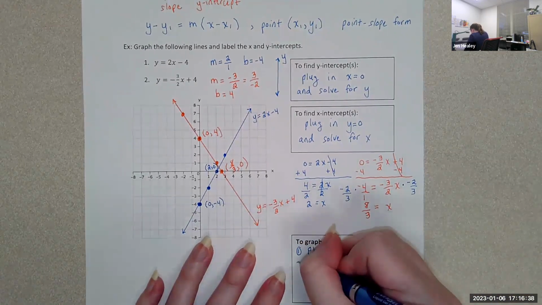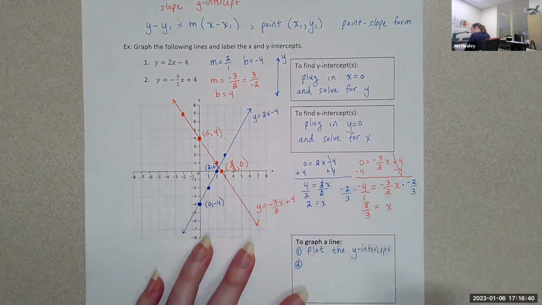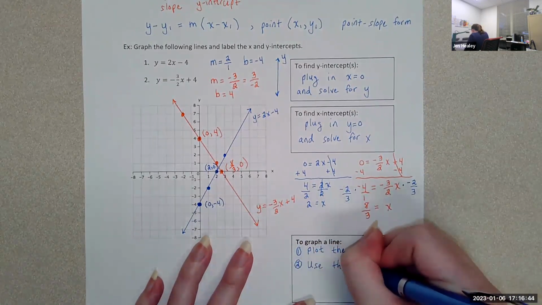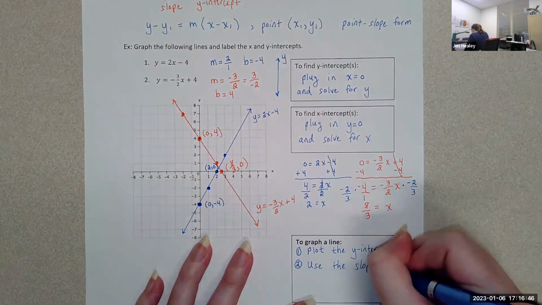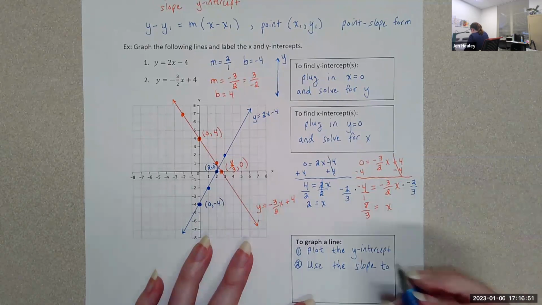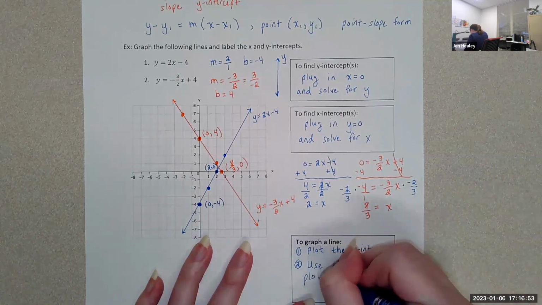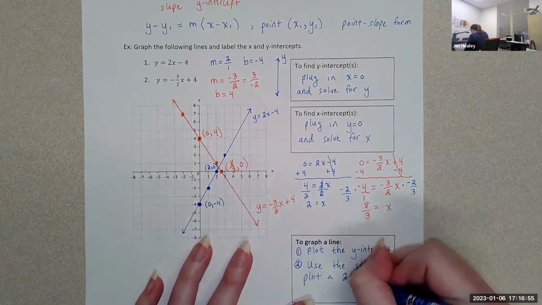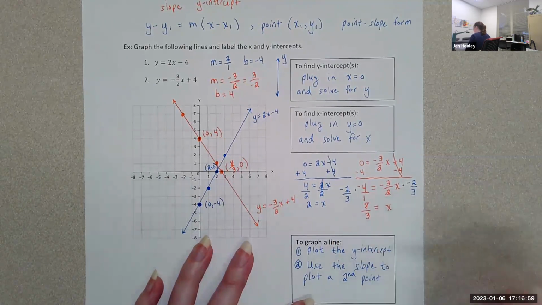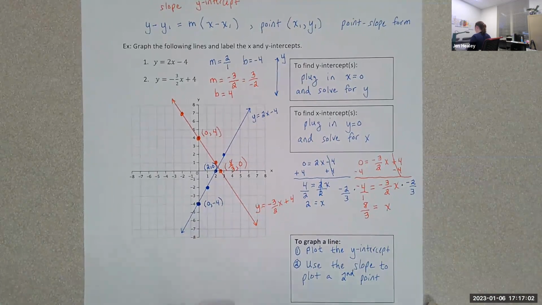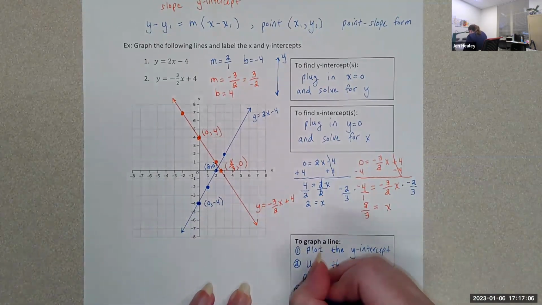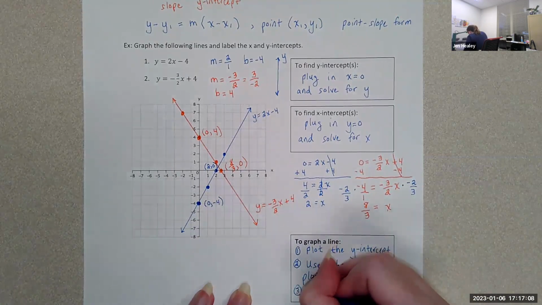And then you want to use the slope to plot a second point. Or a third point or a fourth point, you can go ahead and do as many points as you want. And then the third step is to connect those points.